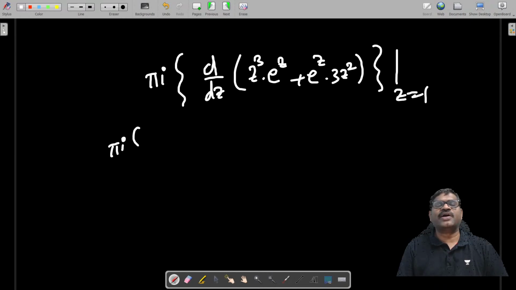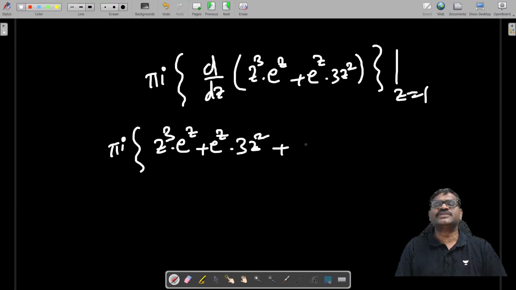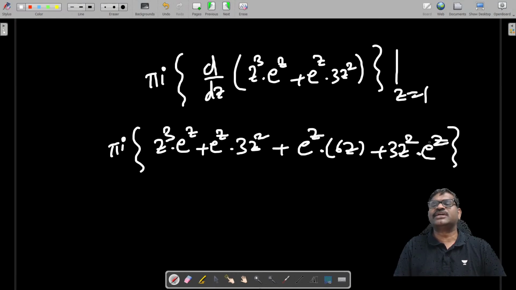Now pi i of differentiation of z cube into e power z, that is z cube into e power z plus e power z into 3z square, plus e power z into 6z plus 3z square into e power z at z equal to 1.